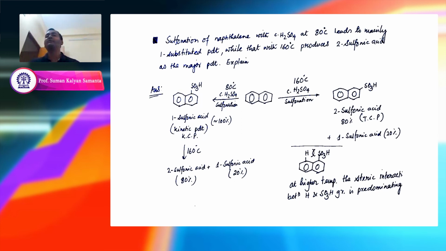In this 2 sulfonic acid, will this SO4 group be incorporated or not? There are 2 possibilities. One is that this is strictly intramolecular in nature, so that the labeled H2SO4 will not be incorporated in this 2 sulfonic acid. Or the bond could be broken totally, so it will come back to the naphthalene state and then go into the reaction.